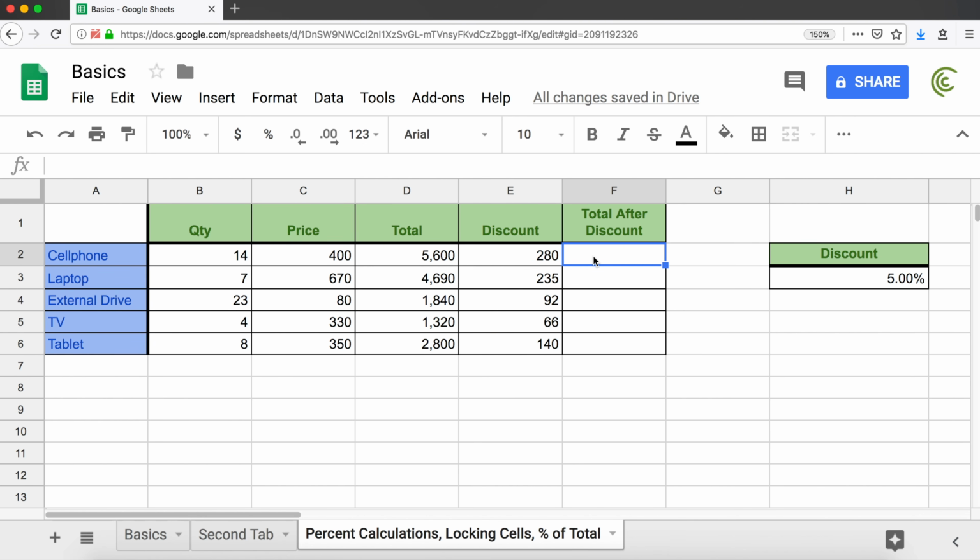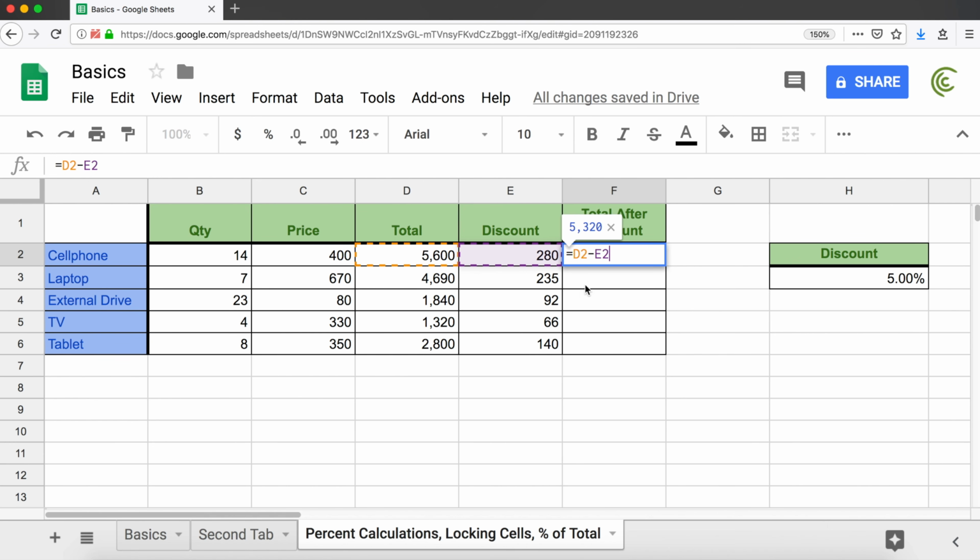So actually I'm going to go back and retype this formula just to expand on this idea. D2 minus E2. That gives me my total after discount. But I don't want to use this discount cell because I'm planning to delete this column.